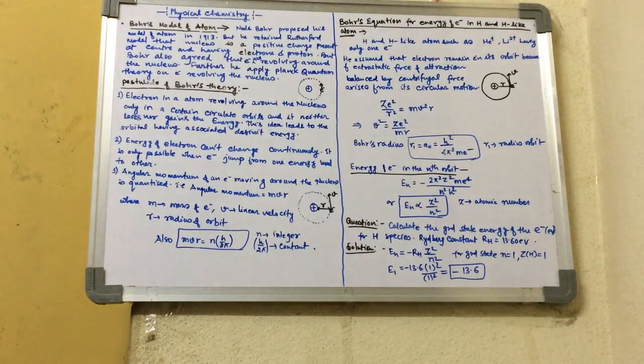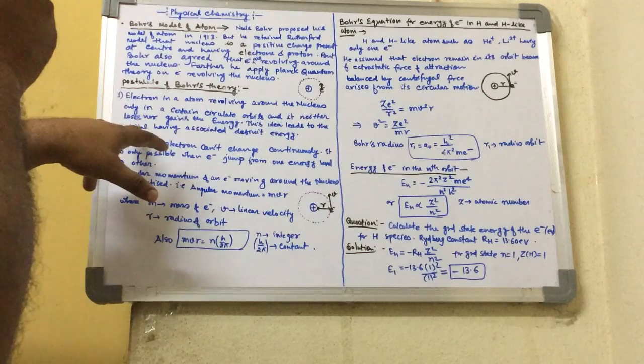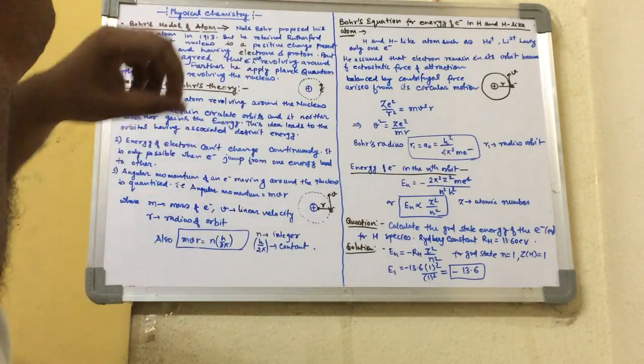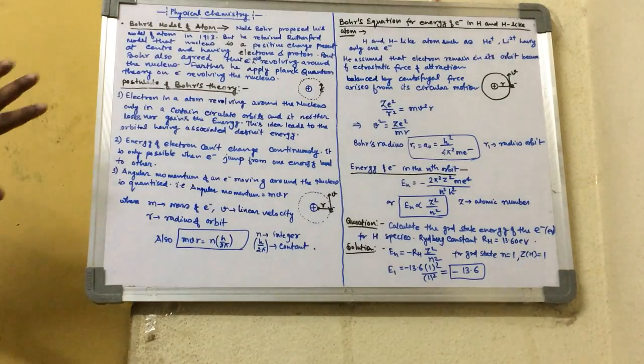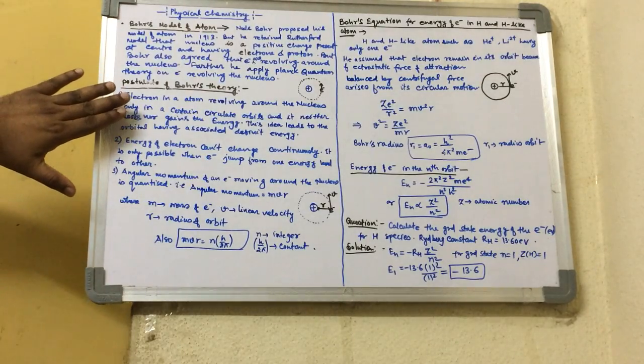This idea leads to orbits having associated energies. Okay, so the first postulate we understood.